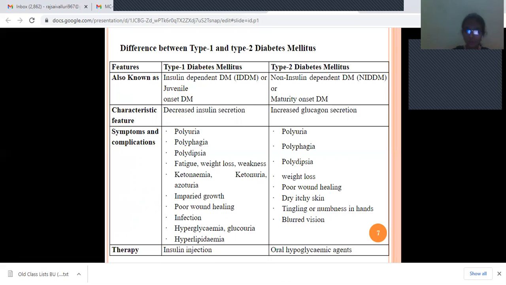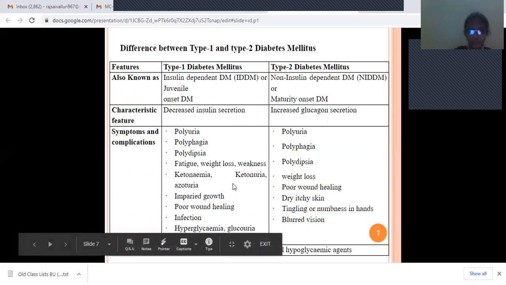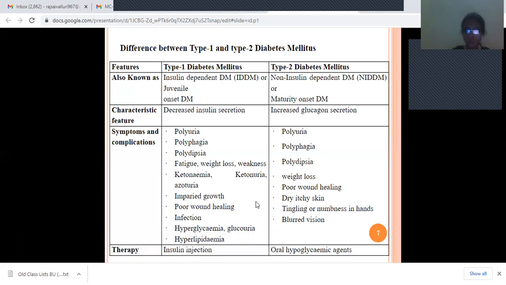So how can we provide the treatment? For type 1 we can give insulin injection, and for type 2 oral hypoglycemic agents, that is, tablets. So this is the main difference between type 1 and type 2. In type 1 the insulin secretion will be decreased, but in type 2 diabetes the secretion increases.